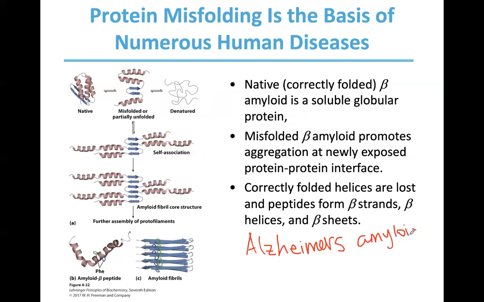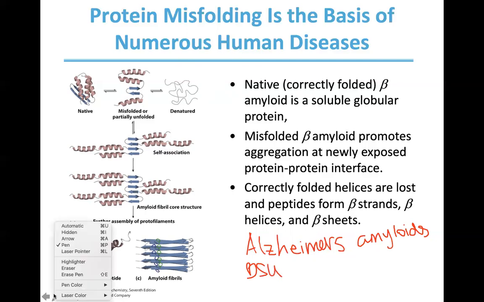Due to their hydrophobic nature, they aggregate in the brain, and so there are also transmissible ones. There's, for example, mad cow disease, right? So bovine spongiform encephalopathy, BSE, sorry.